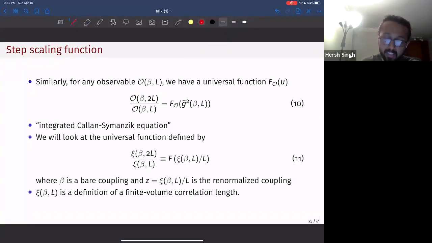And it turns out that if you write down a dimensionless ratio of this kind, where beta is a coupling, remember, and the observable at length scale 2L divided by the observable at length scale L is again a function only of that normalized coupling, this function is a unique universal function, and in some sense a signature of your theory. You don't expect different theories to have the same function here.